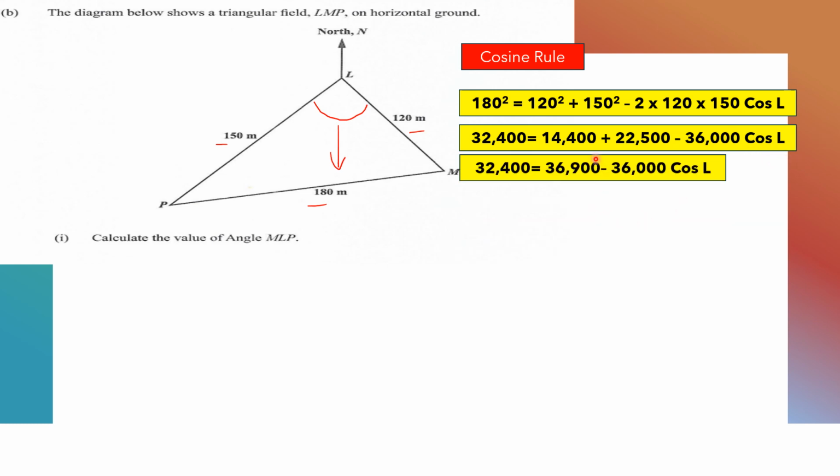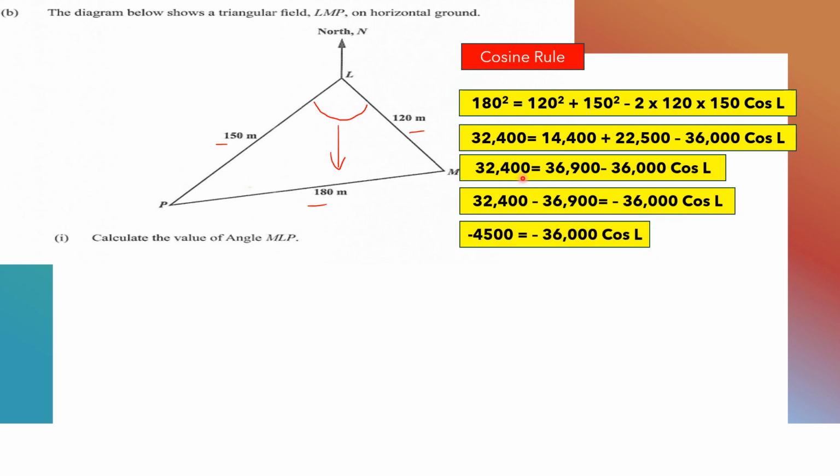So let's add the 14,400 and the 22,500. That's going to give us 36,900. Let's carry that 36,900 over to the left and subtract it from the 32,400. And then we're going to leave the negative 36,000 cos L on the right.